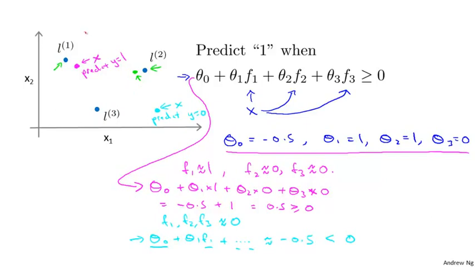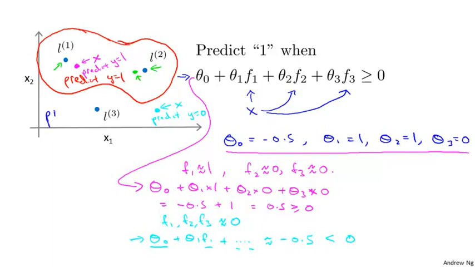And so the decision boundary of this hypothesis will end up looking something like this, where inside this red decision boundary, we predict y equals 1, and outside we predict y equals 0.